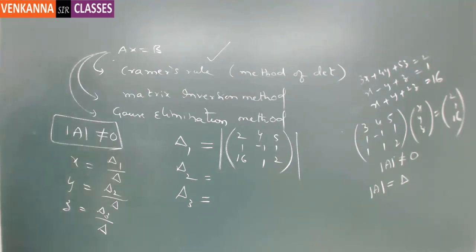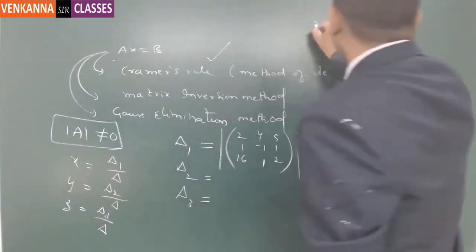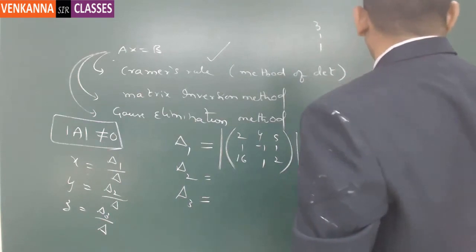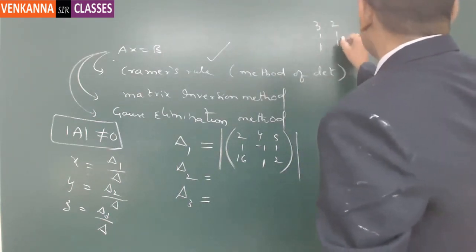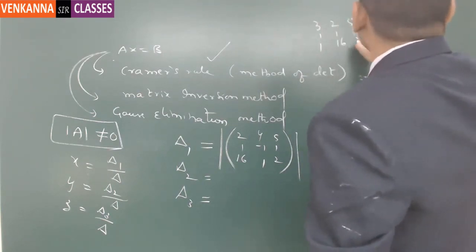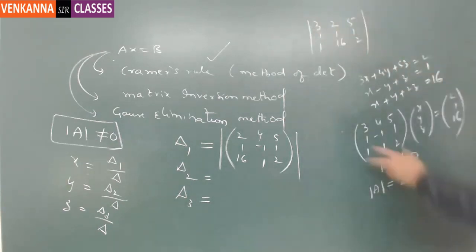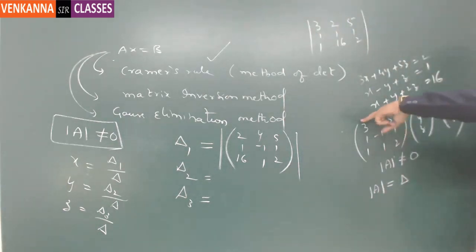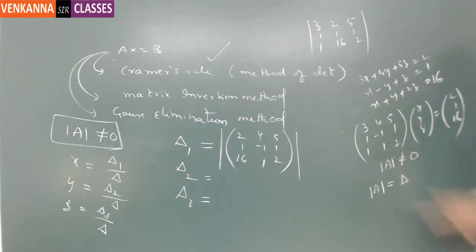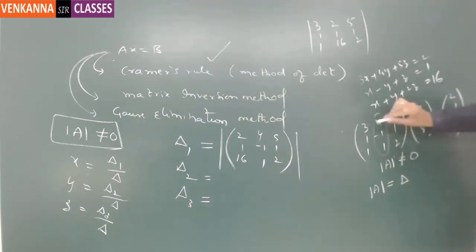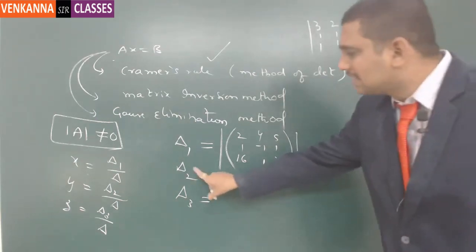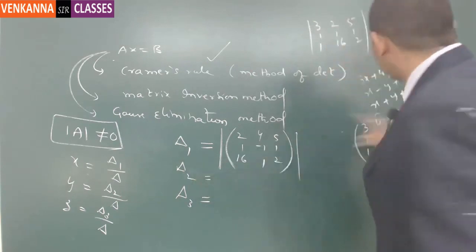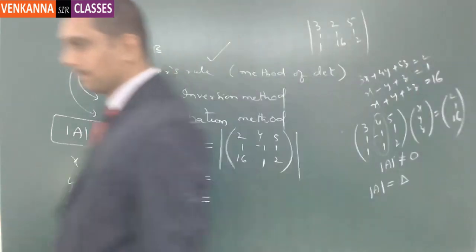So delta 2 is nothing but 3, 1, minus 1, 3, 1, 1, 2, 1, 16, 5, 1, 2. So in this, first and third are taken as it is, only second is replaced. So delta 2 indicates that second column is replaced with the constraint column. Right.